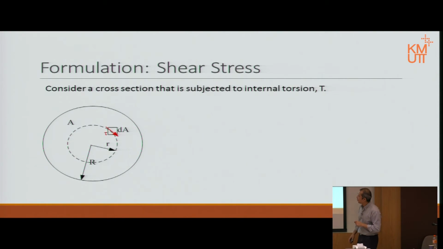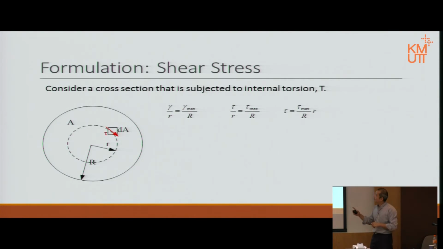Of course, that area is subjected to shear stress, for which we usually use the symbol tau. We keep the symbol tau for now, so that tau is acting on that dA. Let's look at the relationship first.